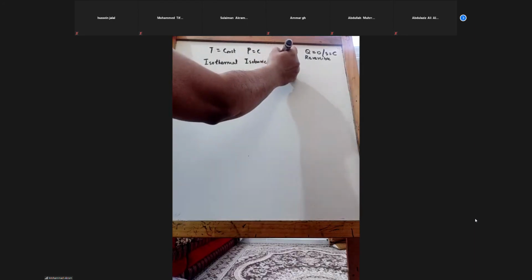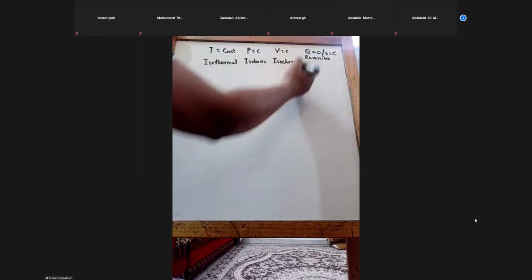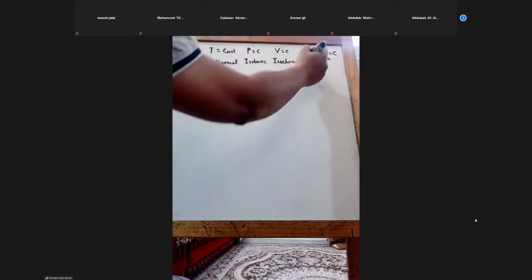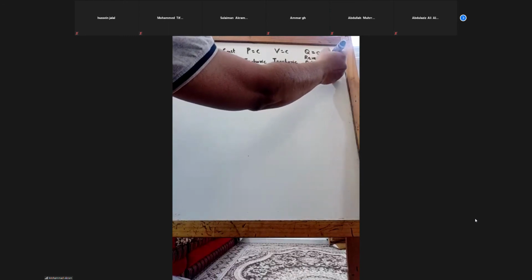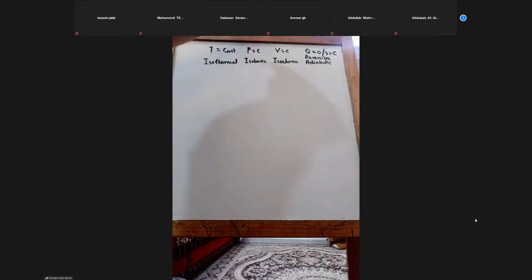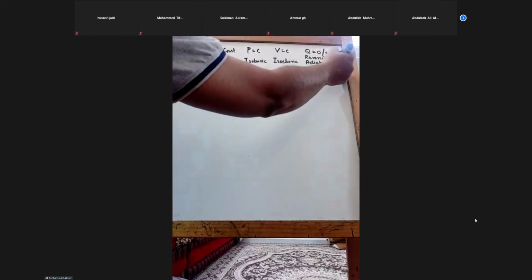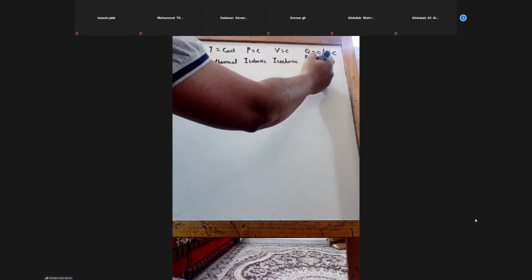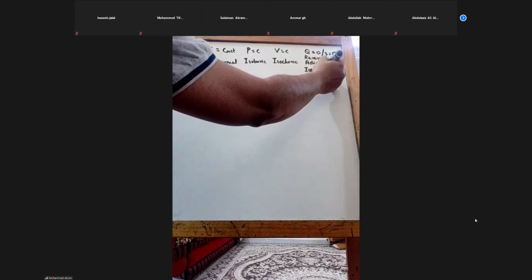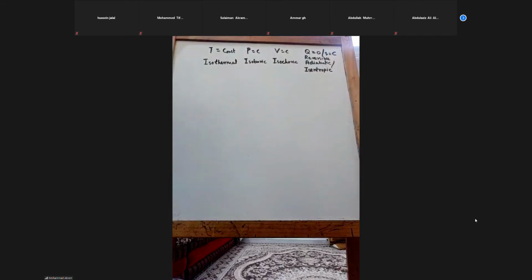This is isochoric, or isometric, or isovolumetric, or constant volume process. This is adiabatic. If only Q is 0, then we call it adiabatic. If Q is 0 as well as reversible, that is reversible and adiabatic, then it is called isentropic.